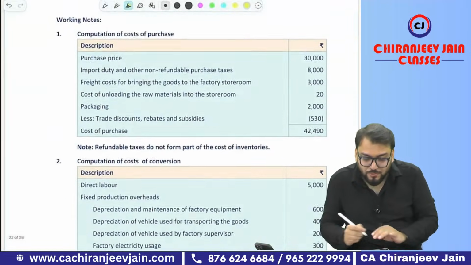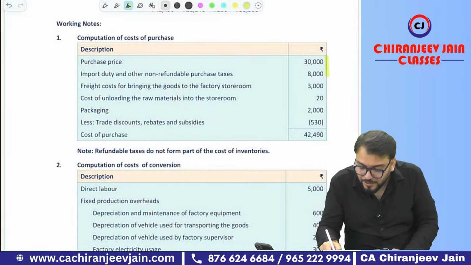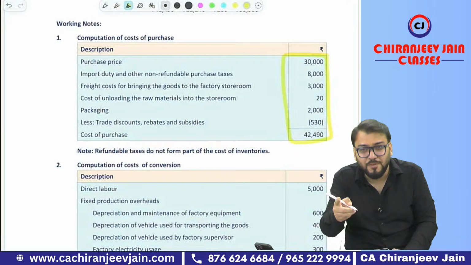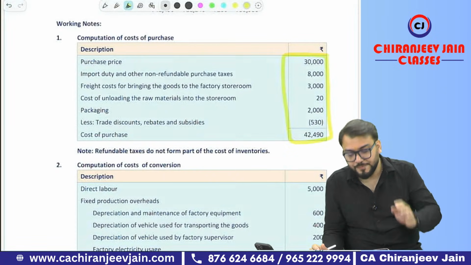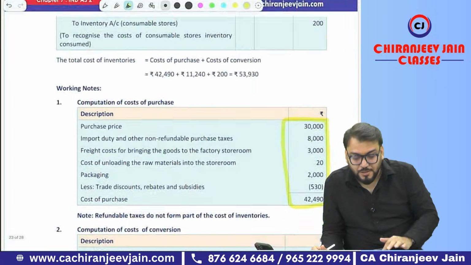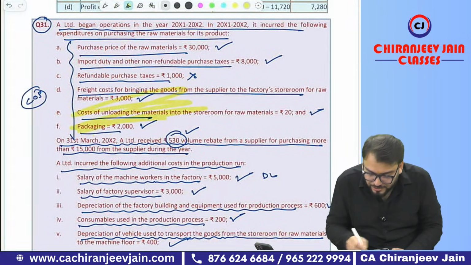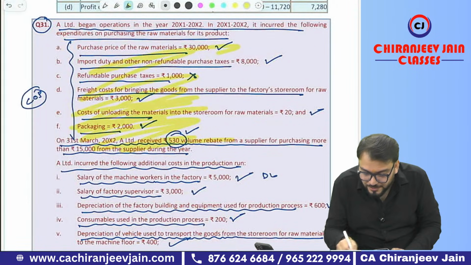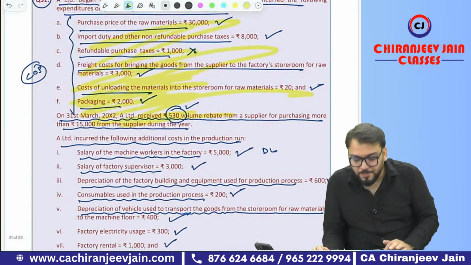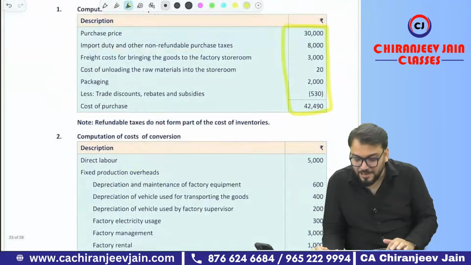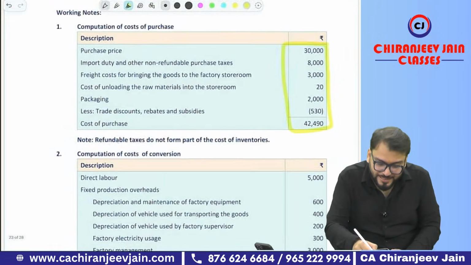First, you can see how they have calculated: first they have calculated the cost of purchase. Of course, you can calculate and find out the cost of purchase, whether it is matching or not. The cost of purchase will be up to this, after deducting the volume rebate. Just find out whether you are getting the same cost of purchase or not. Find out fast in the calculator and say yes, we are getting it.